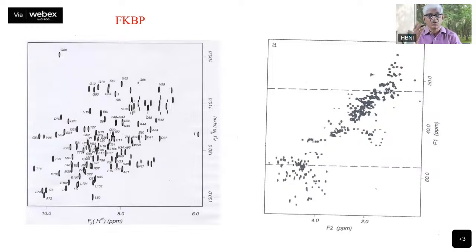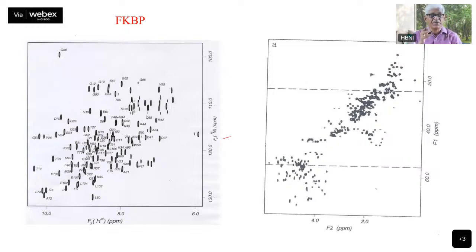Okay, here is an example of an experiment. This is on a protein, but this is not carbon 13, this is nitrogen 15. This is on a protein which is called FKBP. Don't worry about what it stands for. These are all technical biological names. So this says F3, F2, and this is actually F2, F1 it can be, but from a 3-dimensional plane, you take a projection, you get this F3, F2.